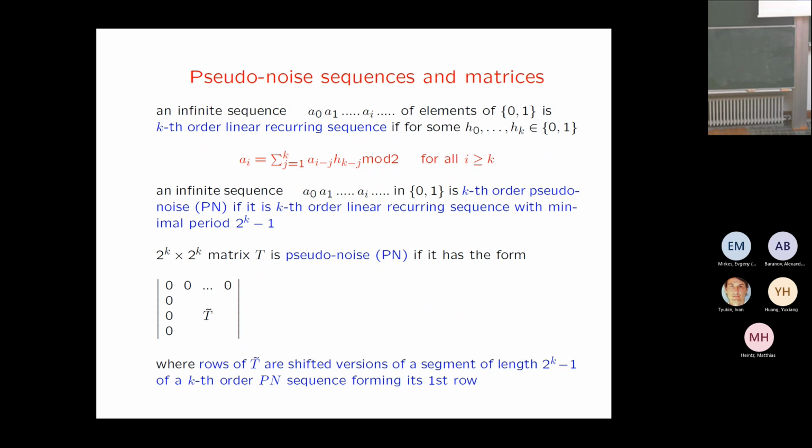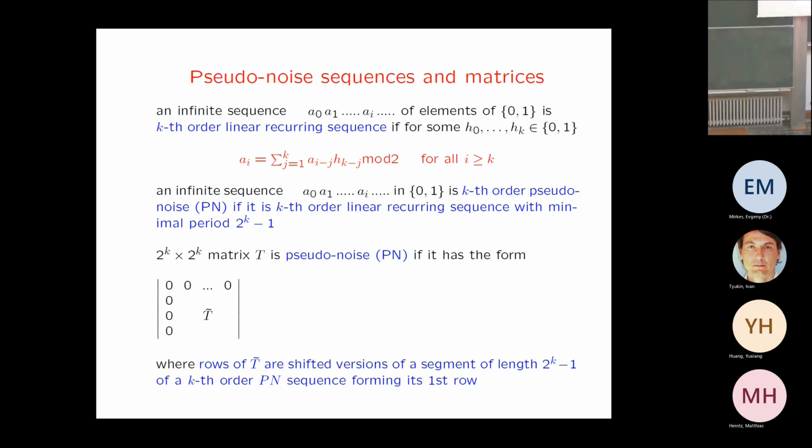And in acoustics, they use pseudo-noise sequences and matrices, which have a lot of properties mimicking properties of random sequences, but are not random. They are generated. Although they are very long sequences, anyway, one can use them to construct these Hadamard matrices, the cyclic matrices.